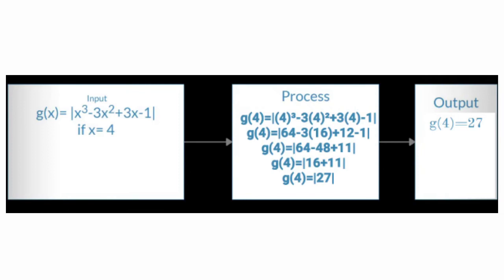Then the following operation is multiplication. 3 times 16 is equal to 48. So, 64 minus 48 plus 12 minus 1 is 27. So, the answer is 27. The output for the function is g of 4 equals 27.